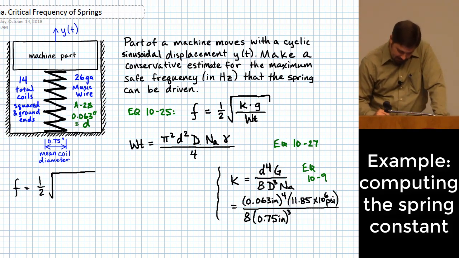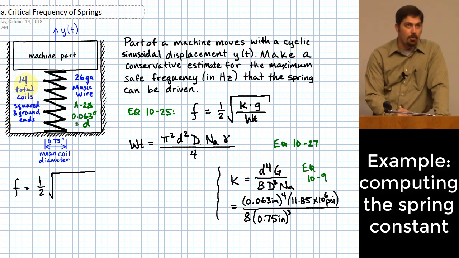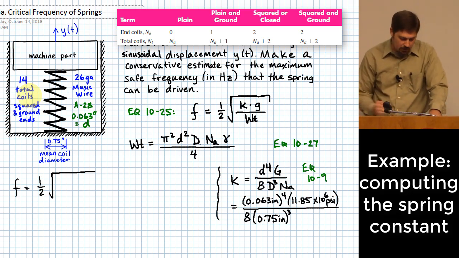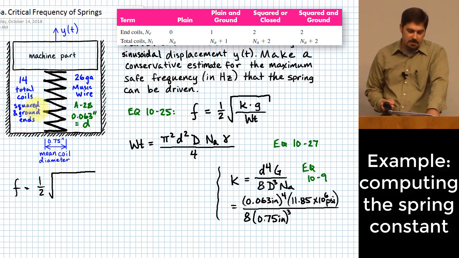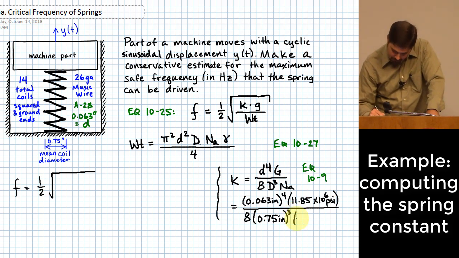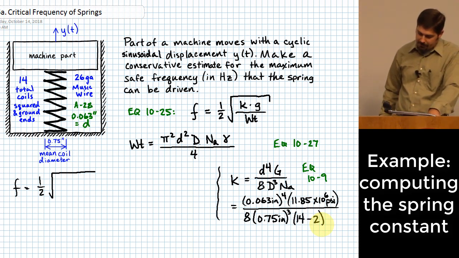And then finally, my number of active coils. How do I get my number of active coils? Okay, I have 14 total coils given in the problem. And according to table 10-1, which is back a few pages, if you have squared and ground ends and 14 total coils, you subtract 2 to get the number of active coils. Okay, so we put in 14 minus 2 for my number of active coils.